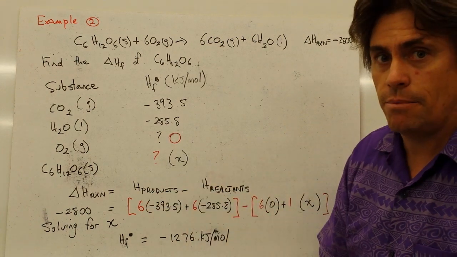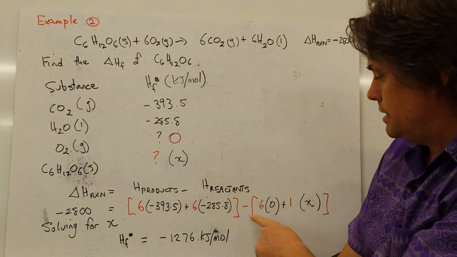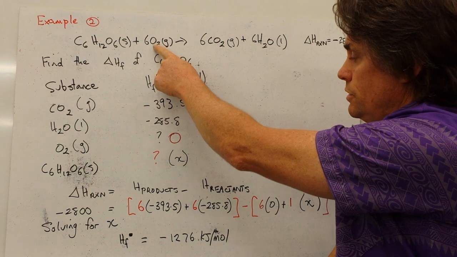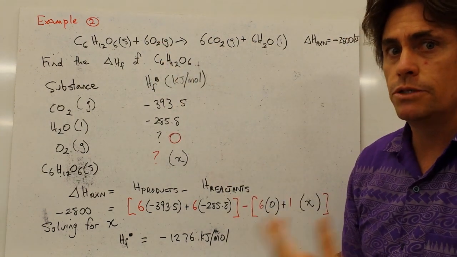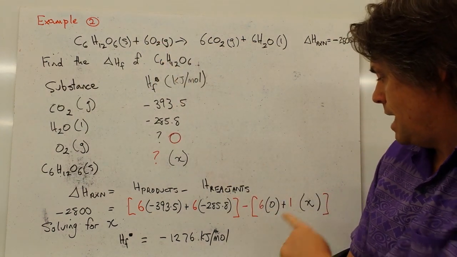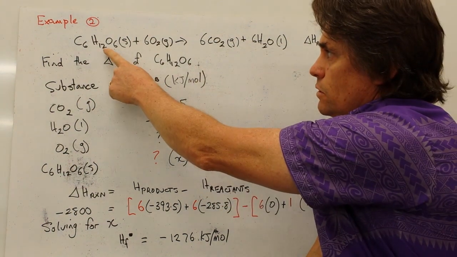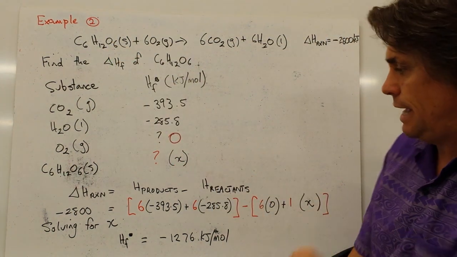That's our total heat for our products, minus 6 times our oxygen, once again elemental form, so 0 kilojoules per mole to form, and 1 lot of our glucose there, which we've said is X.